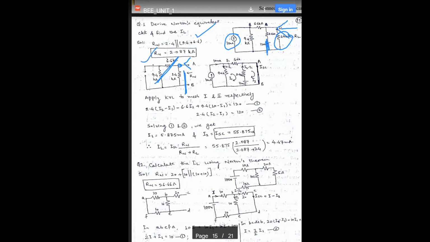Okay, now the second step is that we are required to calculate the load current or the short-circuit current. So what do we do in such a case?